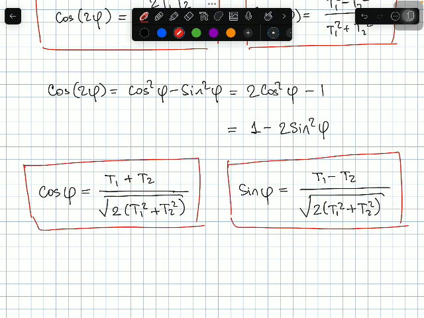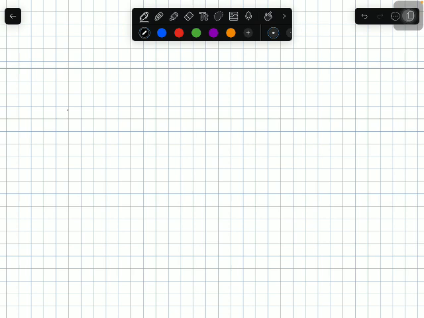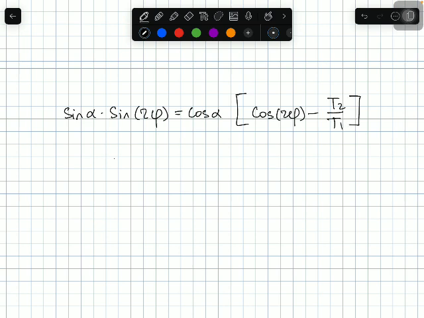Let's keep them. Now using one of the relations that we found in our intermediate step, where sine alpha times sine 2 phi equals cosine alpha times cosine 2 phi minus t2 over t1, we should be able to calculate sine alpha and cosine alpha using the fact that sine square alpha plus cosine square alpha equals 1.